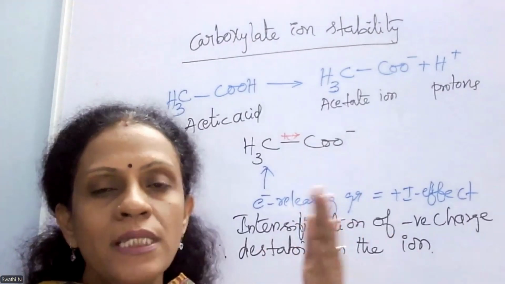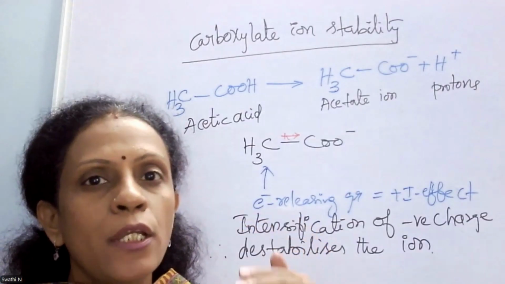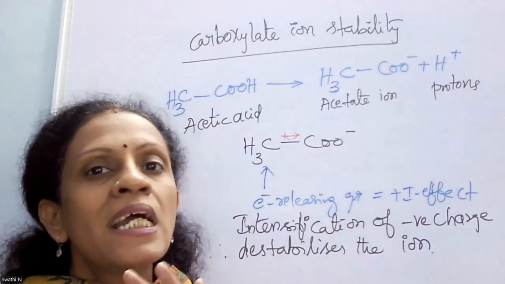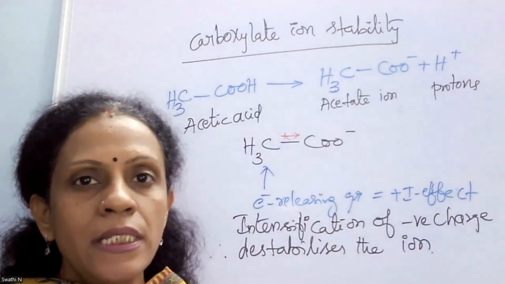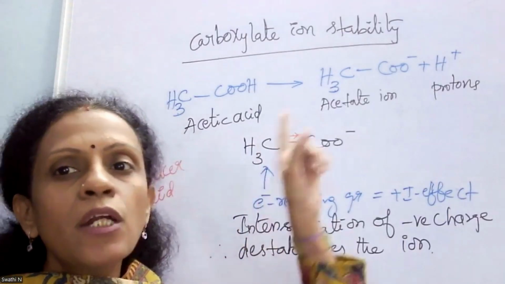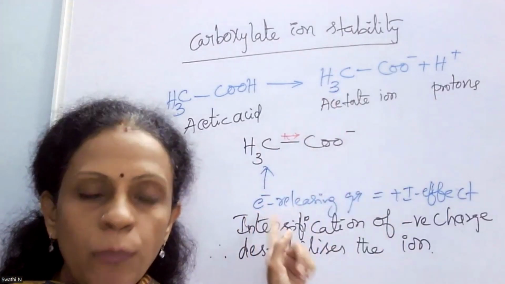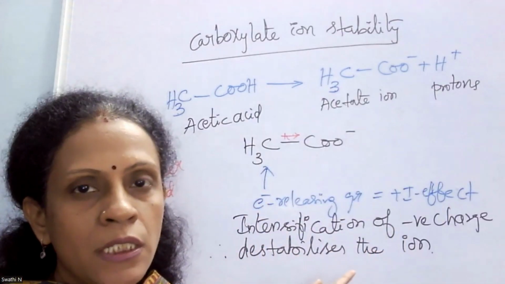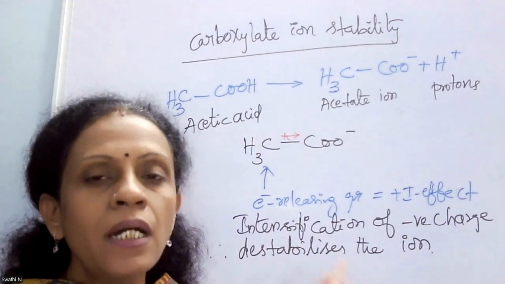So in chloroacetic acid, the resulting carboxylate ion is stabilized due to the presence of the electron withdrawing chlorine group, which causes dispersal of the negative charge. It stabilizes the resulting ion. While in acetic acid, the resulting carboxylate ion has a methyl group, which is an electron releasing group that causes intensification of negative charge and thus destabilizes the resulting ion.